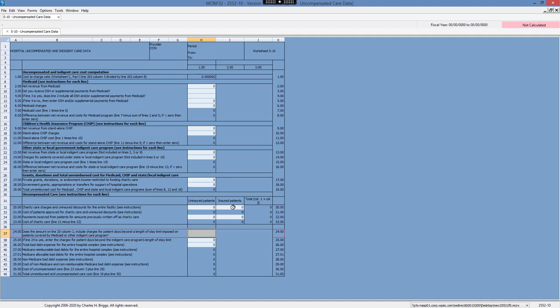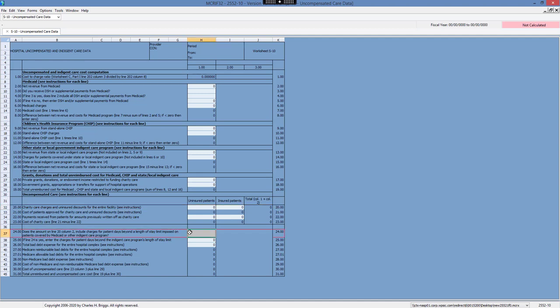In other words, the cost report software should be able to identify how much of line 20 was a charge amount, and of course the rest of it would have been co-payment, co-insurance, deductible. The reason that's important is that any charge amount that's included in line 20, column 2 is subject to a cost to charge ratio reduction, but any co-insurance or deductible amount is not subject to that.